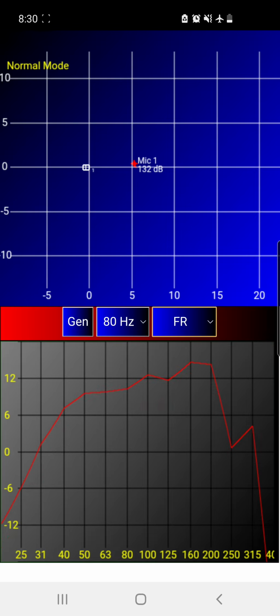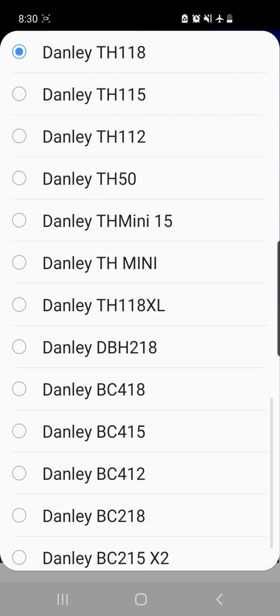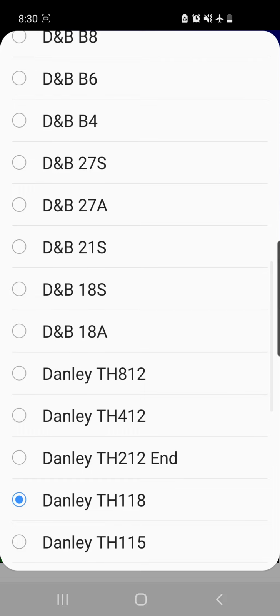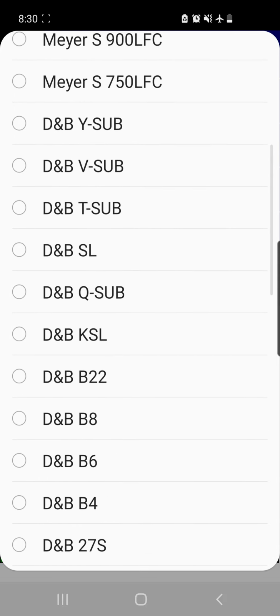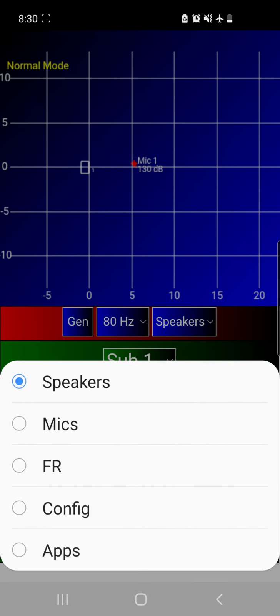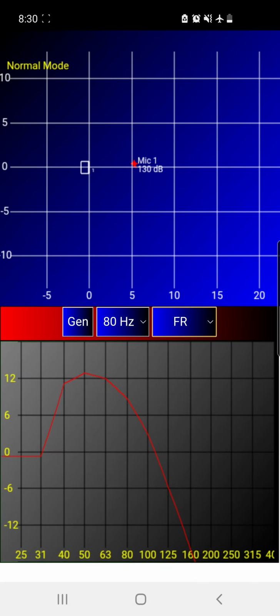Like for example, here we have this, and if we choose for example the DMB SL, we will see that the frequency response is like this, with a very pronounced roll off on the mids, and a flat thing, which is not real for sure, but that is because the manufacturer gives information only from 31 hertz and up.